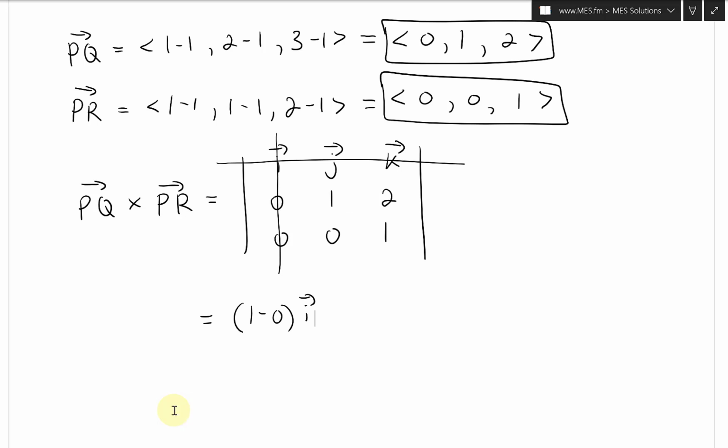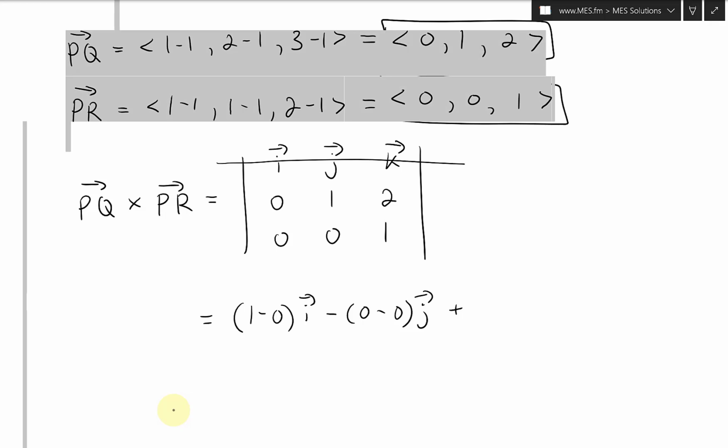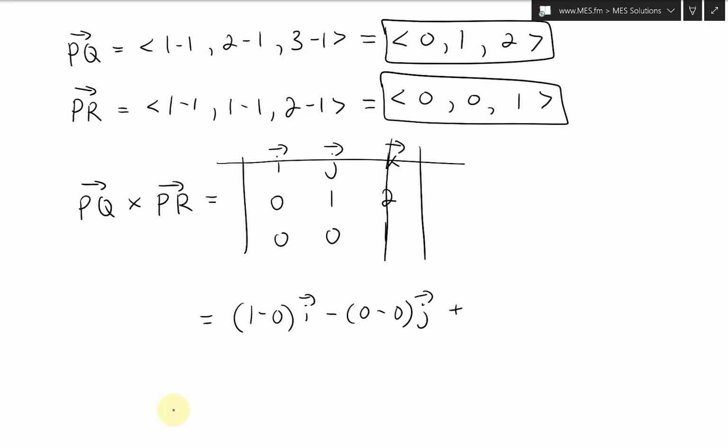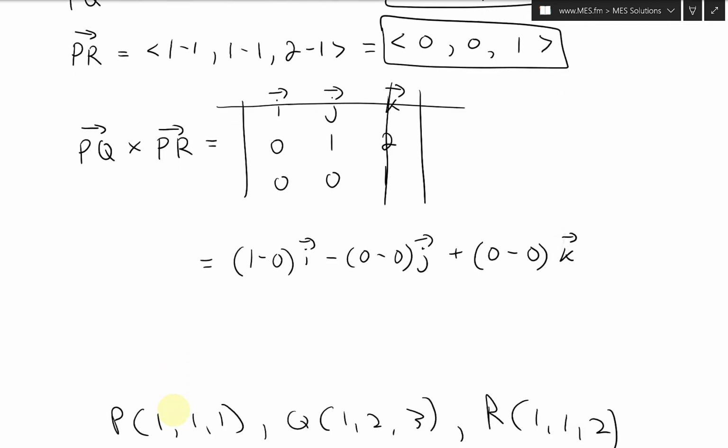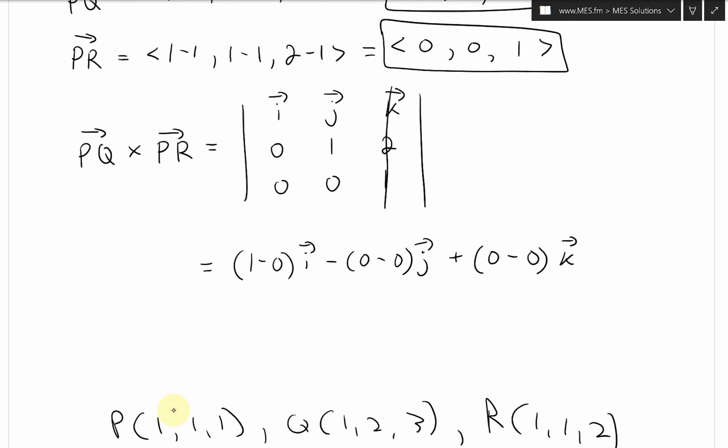Now the next one is here, so we'll do a minus. The middle one's always minus. 0 times 1 is 0, minus 2 times 0 is 0. J, and the next one's plus. Cross this. The next one is 0 times 0 minus 1 times 0, which is also 0. This would be K, like that. Alright, that's what we have.